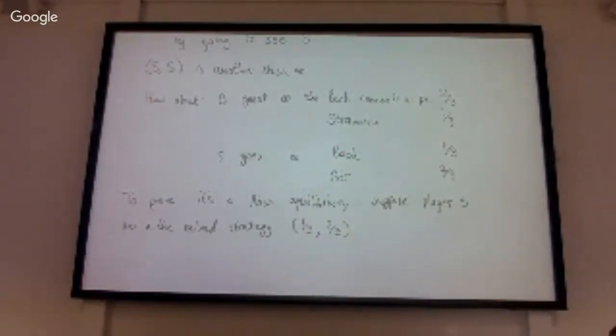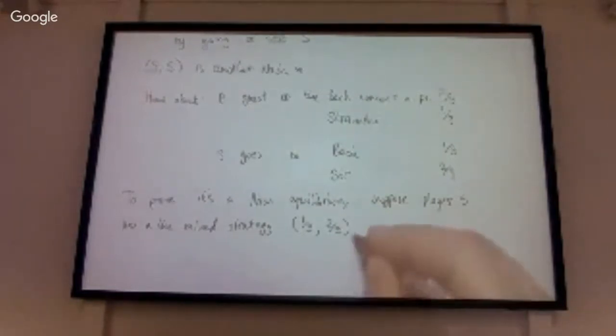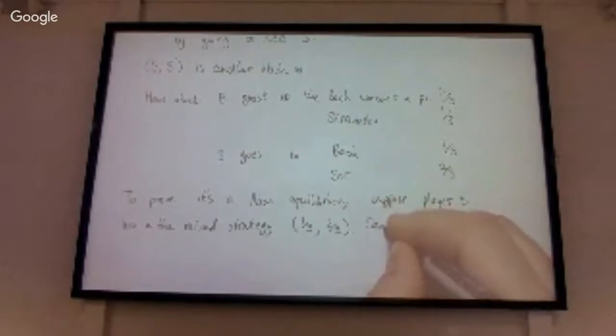And can the other player do better by picking something else than 2/3, 1/3? So can they improve?